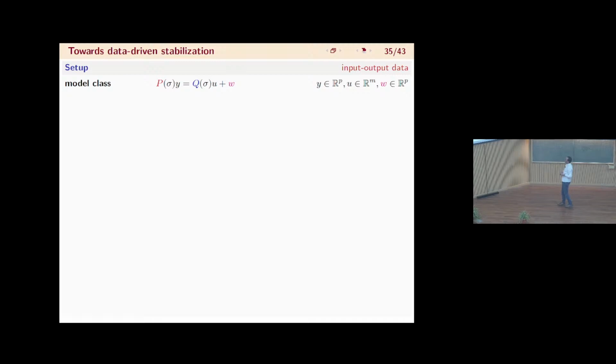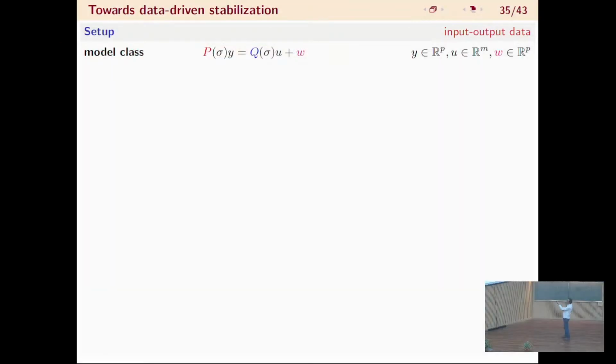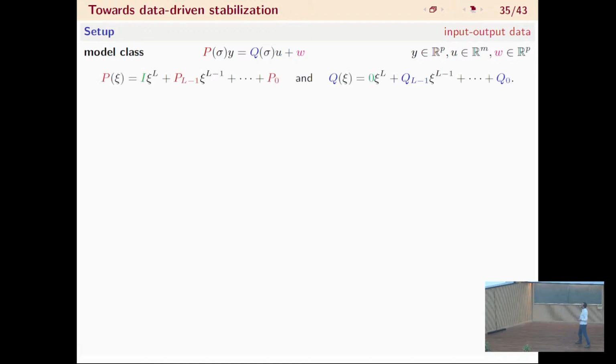Okay, here is the setup. I'm looking at this model class. P and Q are polynomial matrices. W is noise. I take a particular form for P and Q, namely the coefficient of the highest term here is identity and here is 0. These are also technical assumptions which we can avoid.